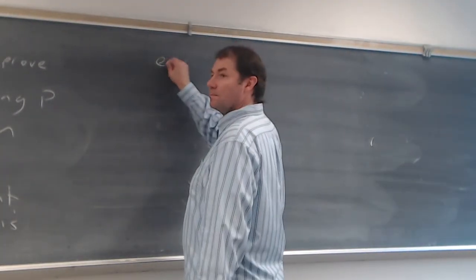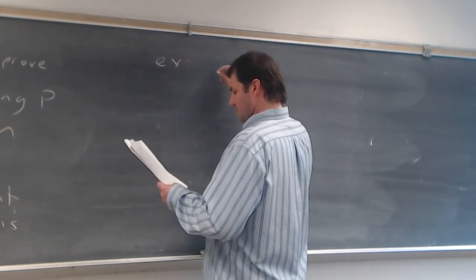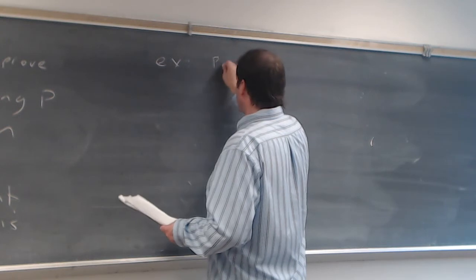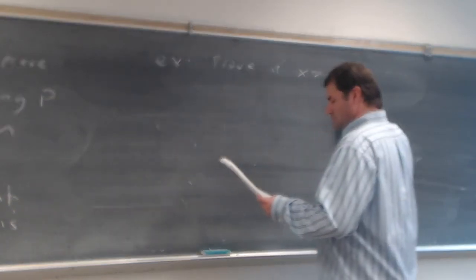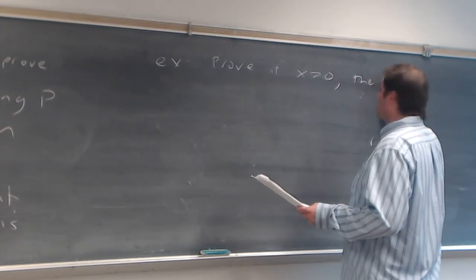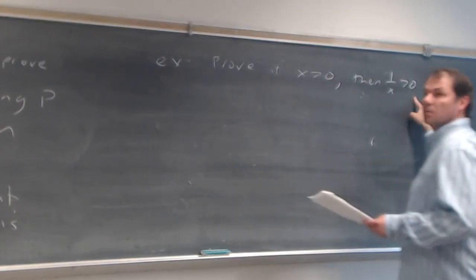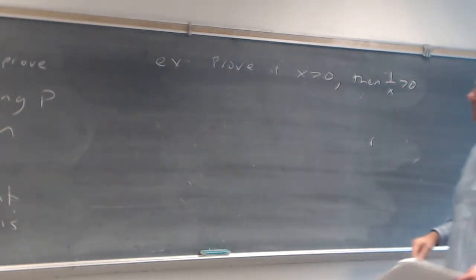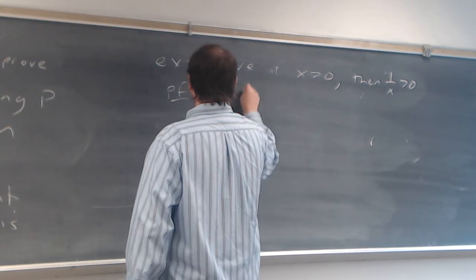So as an example, let's prove if x is greater than 0, then 1 over x is greater than 0. Let's prove that. So here we're going to do the proof, and I'm going to indicate to the readers that I'm doing it by contradiction.